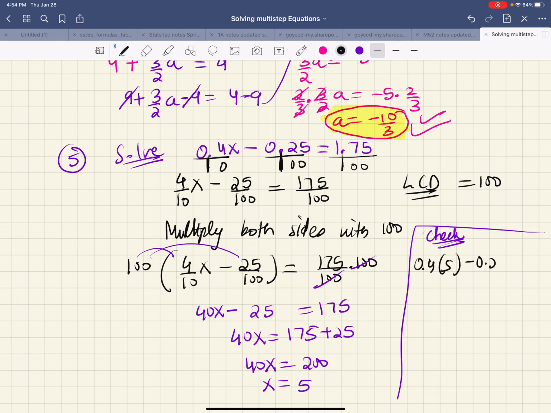So 0.4 times 5 turns out to be 2. 2 minus 0.25 is 1.75. So I should just have the question mark sign because I wasn't sure if they're equal, but now I know 1.75 is equal to 1.75. That means I'm ready to box, circle, highlight my answer and say that this is my final answer.